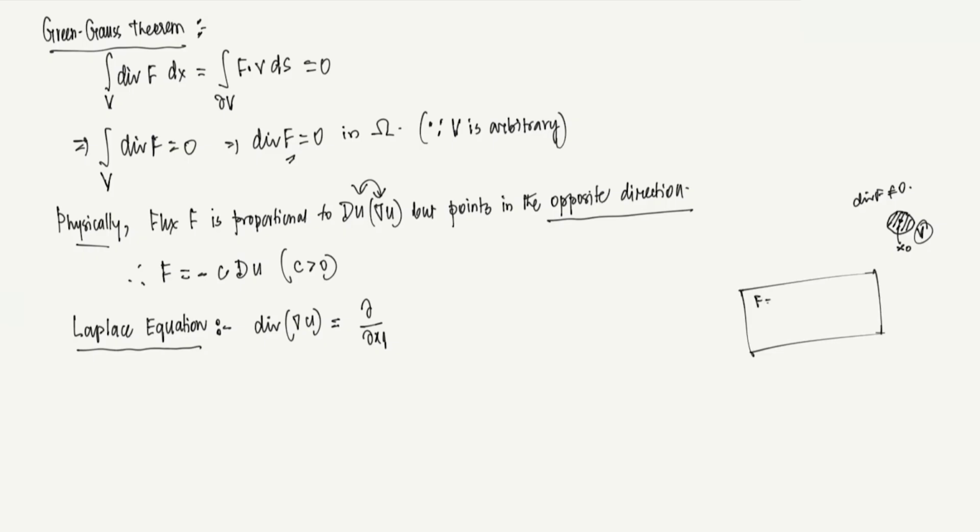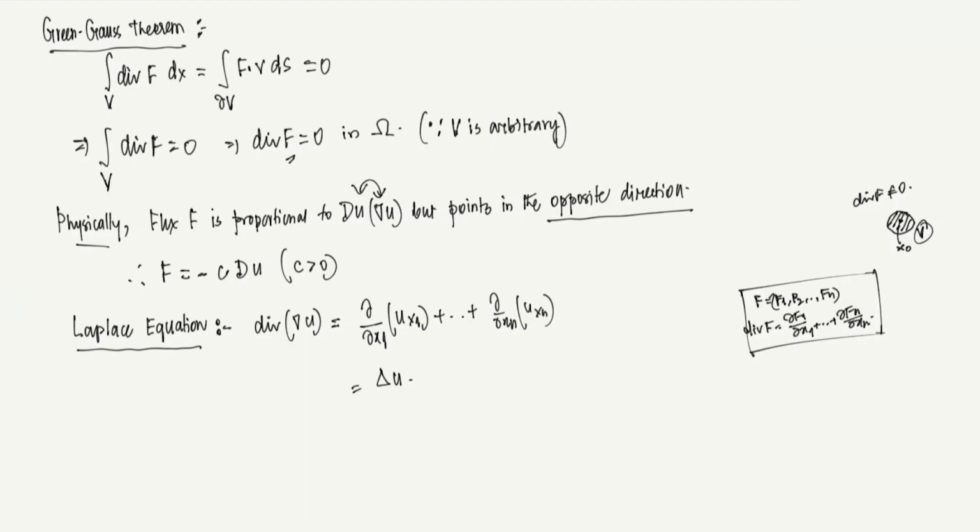Let's say F is a vector field given by F1, F2, up to Fn. So the divergence of F is nothing but you take the first F1 and differentiate it with respect to x1, and then take the last Fn and differentiate it with respect to xn. So if you write it here, it becomes U x1 x1 plus and so on up to U xn xn. You do realize this is nothing but the Laplacian of U.